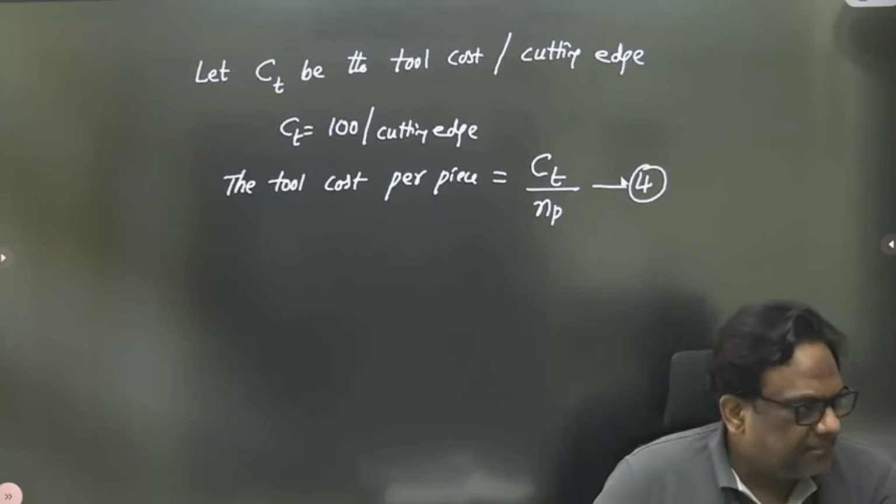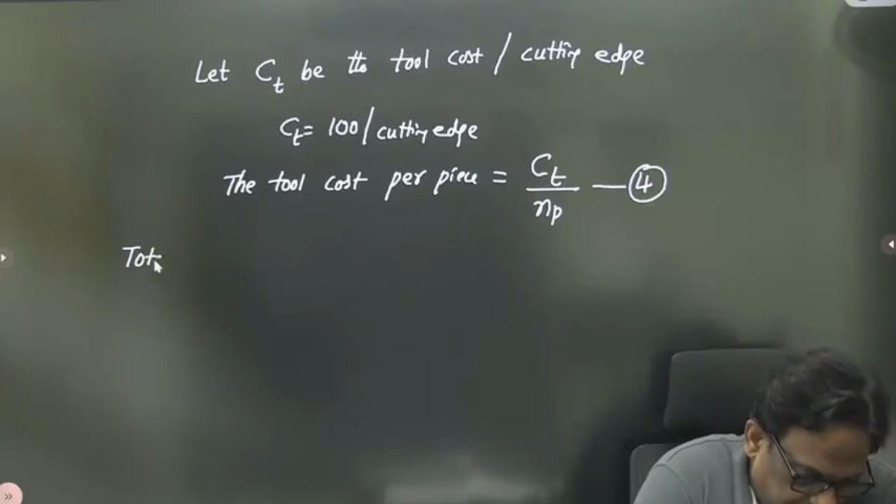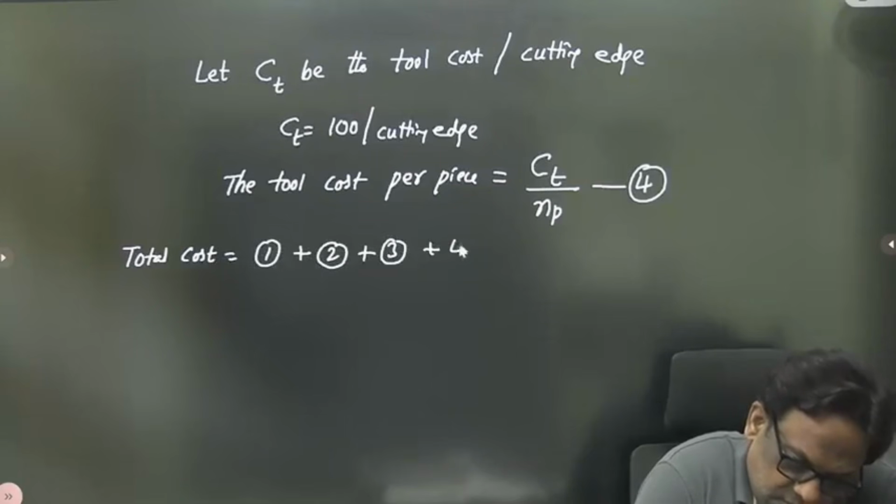वाह, clear? Now total cost will be first cost, second cost, third cost, fourth cost.